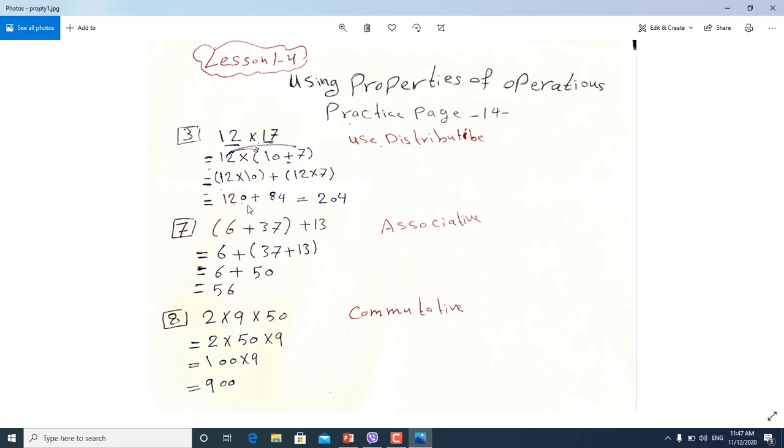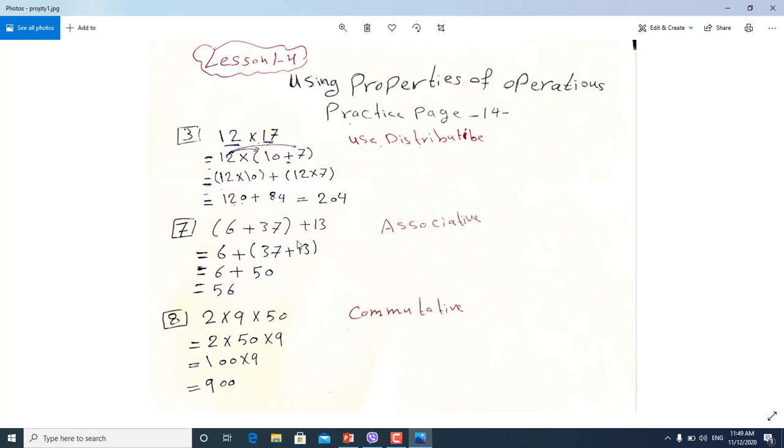After that, 120 plus 84, let's add 1s with 1s and 10s with 10s. 4 plus 0 is 4, and 8 plus 2 is 10. 0, 1 regroup. 1 plus 1 is 2. So we get 204.